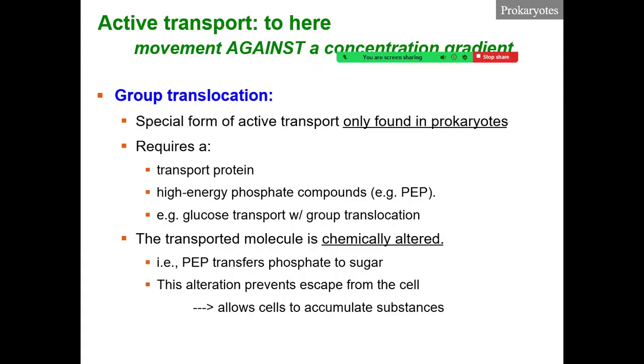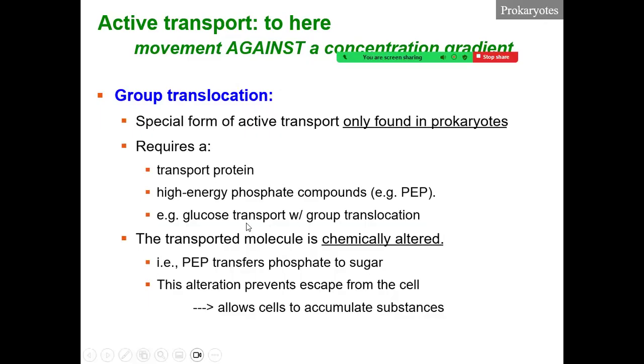They can move molecules into the cell by an active transport protein, but they can also use group translocation to move the molecule into the cell against its concentration gradient. Group translocation is a special form of active transport only found in prokaryotes. It does require a transport protein. It does require a high energy phosphate compound, but not ATP. It's something else you don't need to know. PEP's an example.